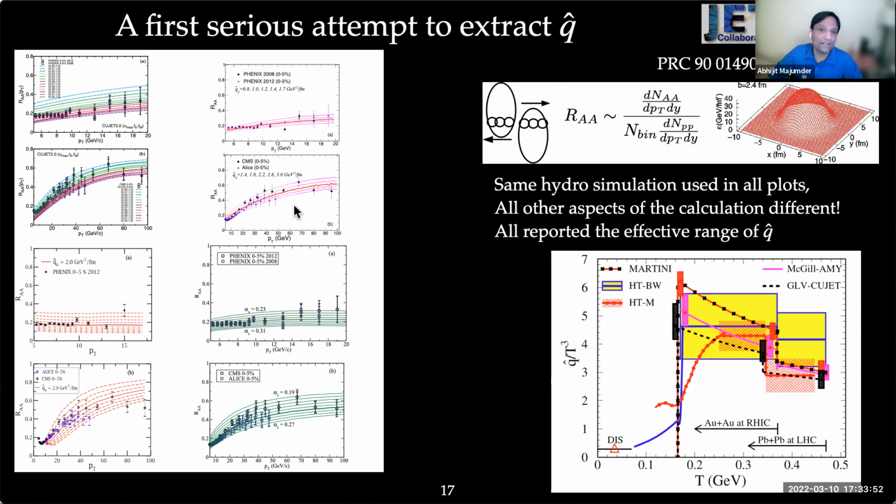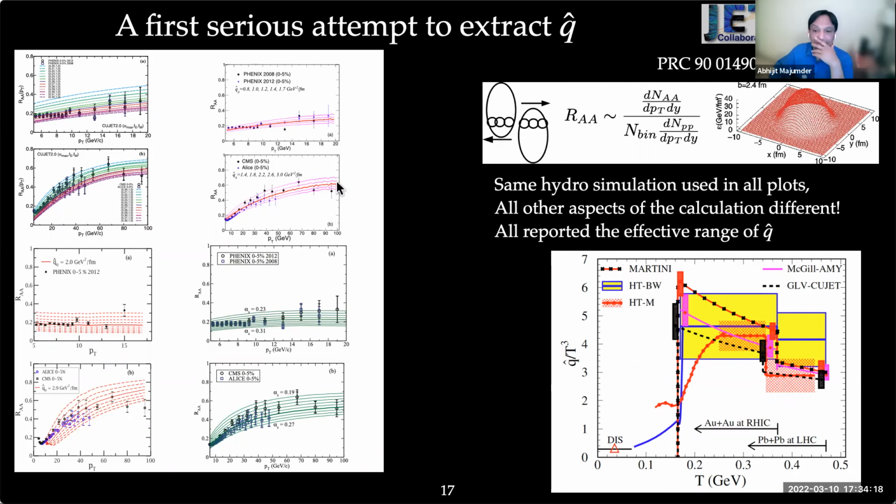What we are doing is comparing with the most central collision at RHIC. That's the top. The data points in the top plots are all the same, even though they don't look like it, and the data points in the bottom plots are the same. These are from CMS, so these are LHC data, and these are RHIC data.